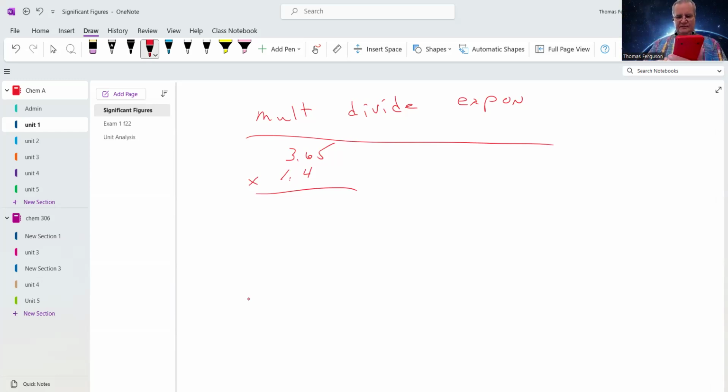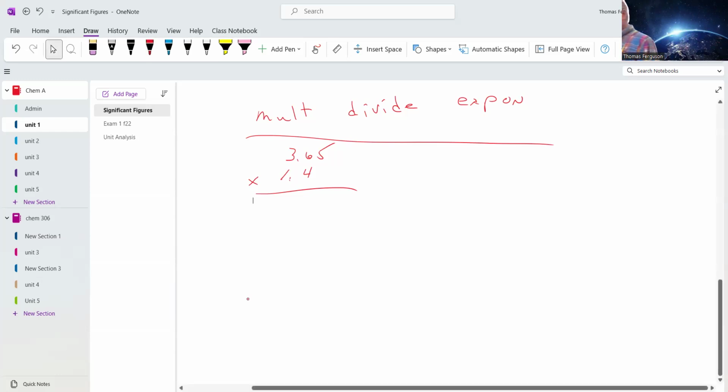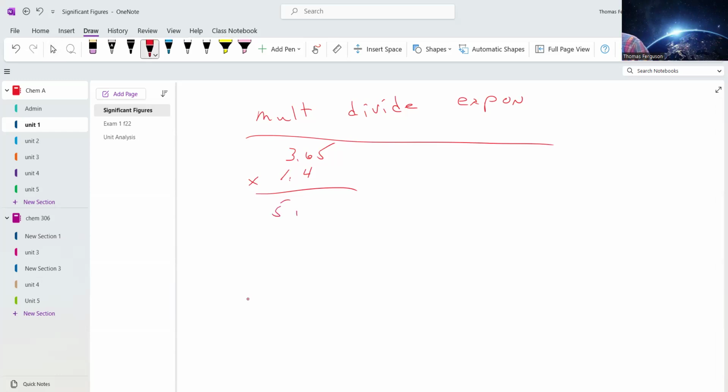Okay, so 365. Okay, so that's what my calculator gives me. Now, when you multiply and divide, you look at the total number of sig figs, not decimal places now, total number.